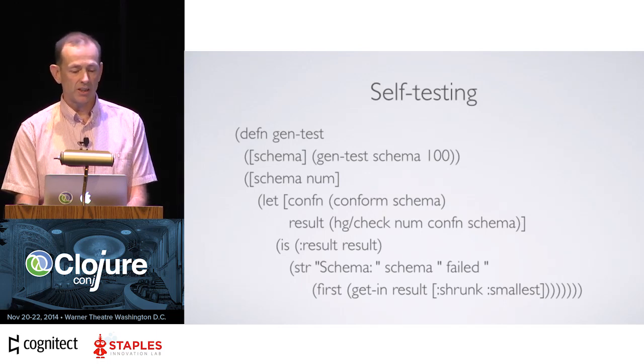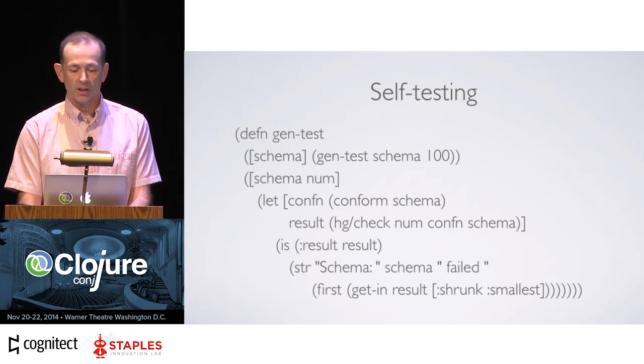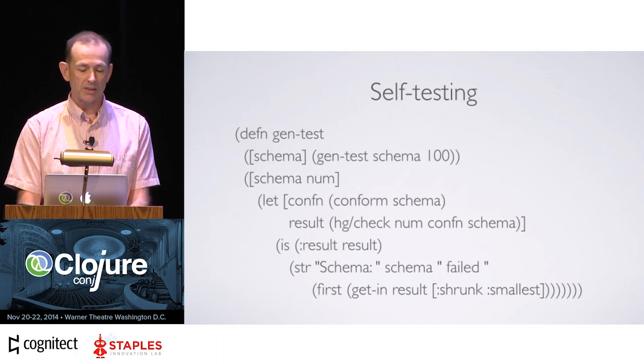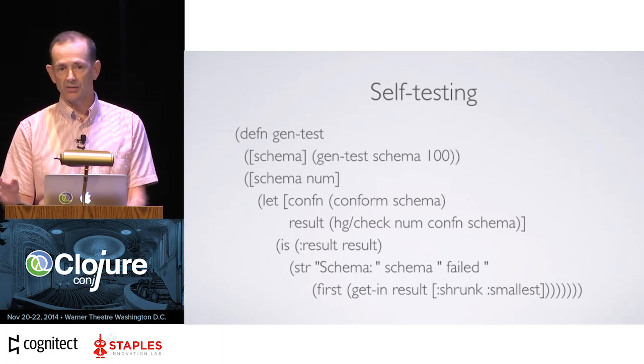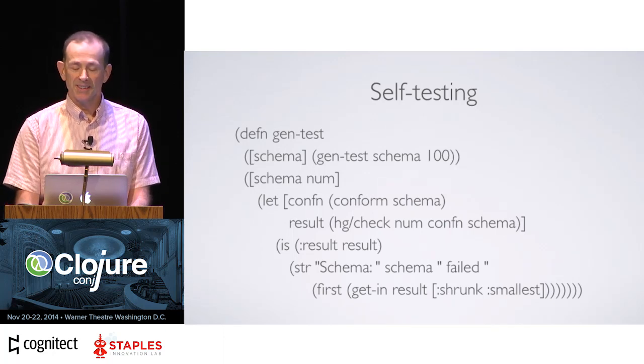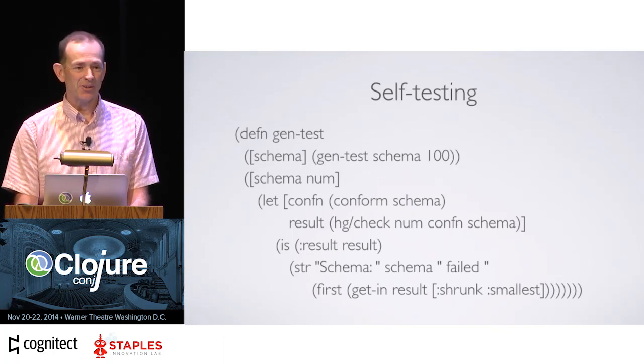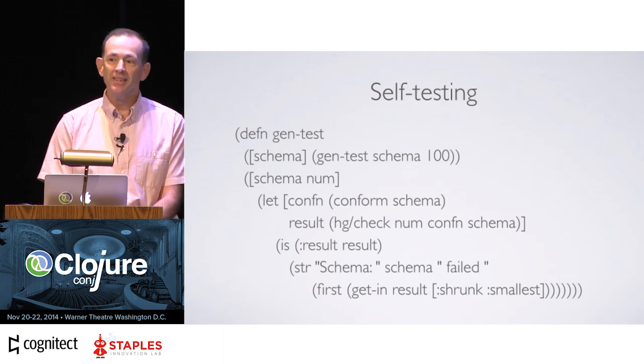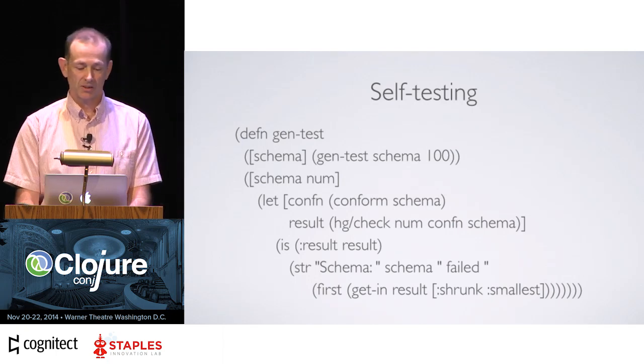I call the check on my conforming predicate and my schema. I'm going to generate lots of data, and these days all that generated data satisfies the predicate just like it's supposed to. But when I first got going, I was finding lots of bugs.